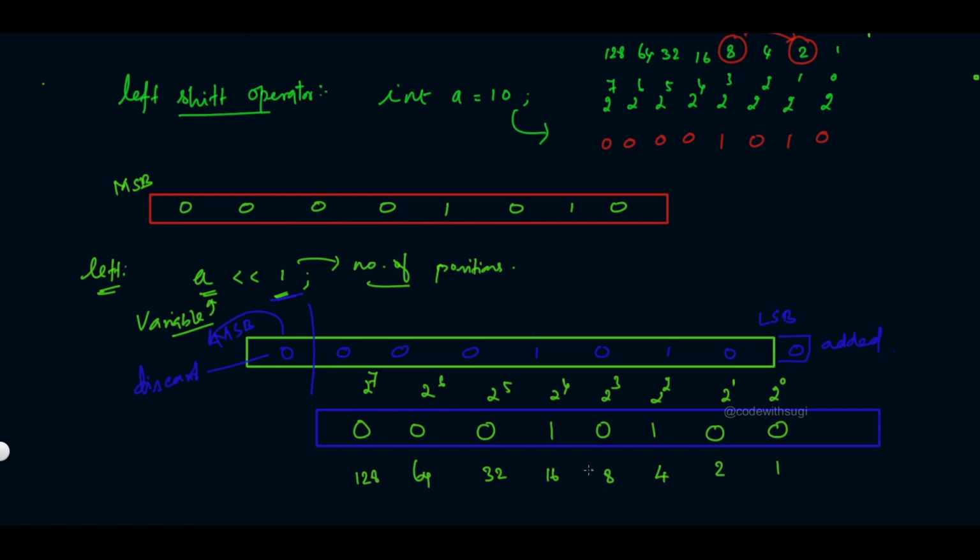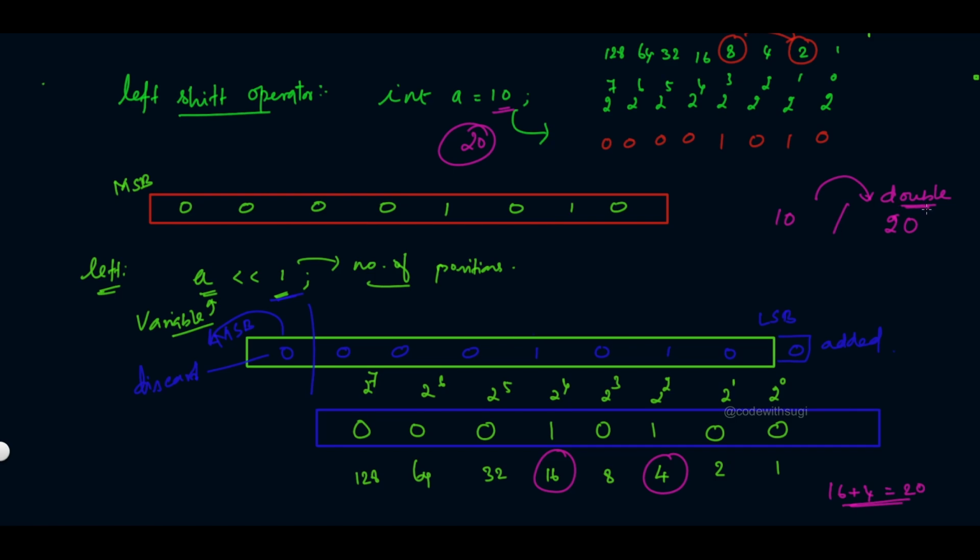Now let's add the values wherever we have 1. We have 1 in 16 and then 4. So 16 plus 4 equal to 20, right? So if you perform a one position left shift operator on 10, then you will get the output as 20.